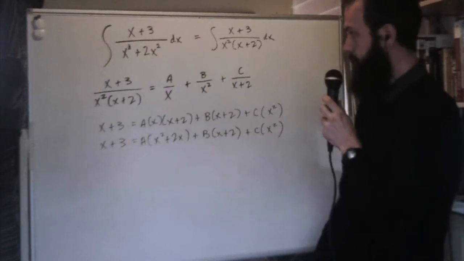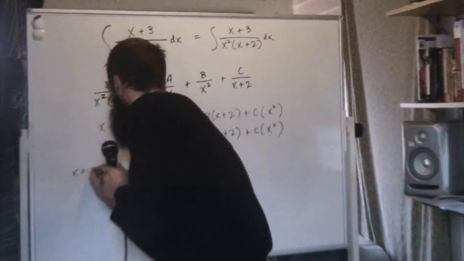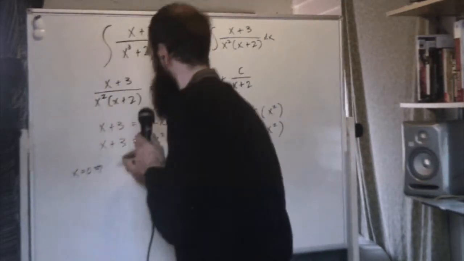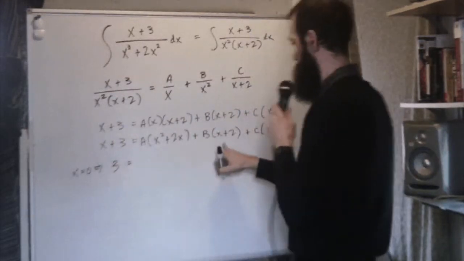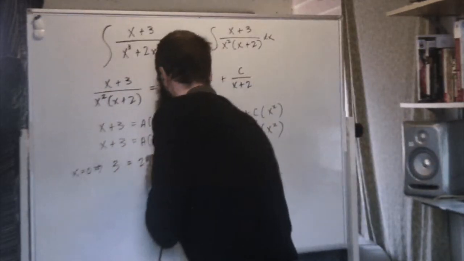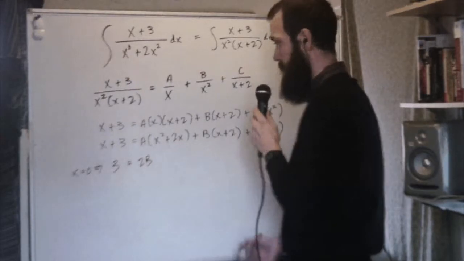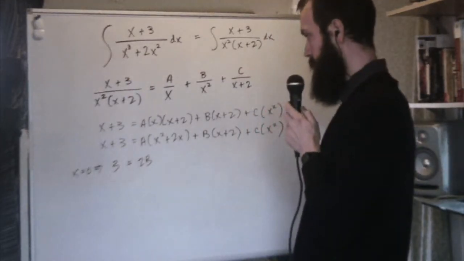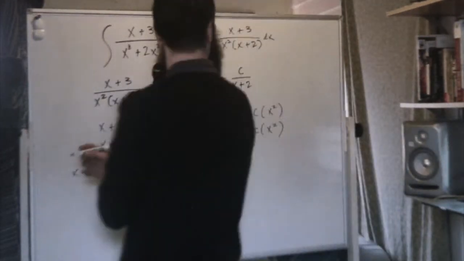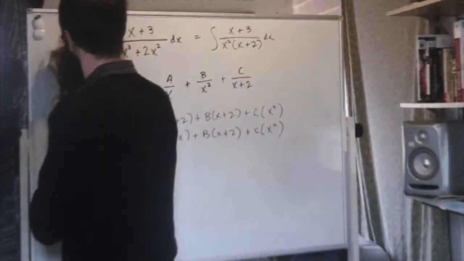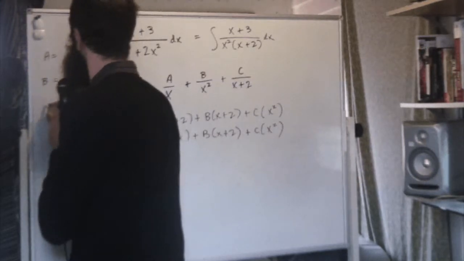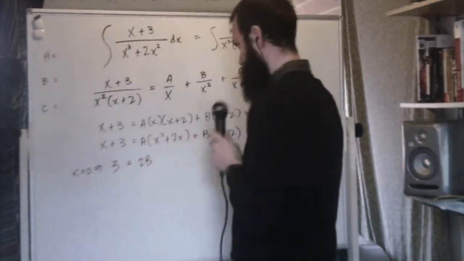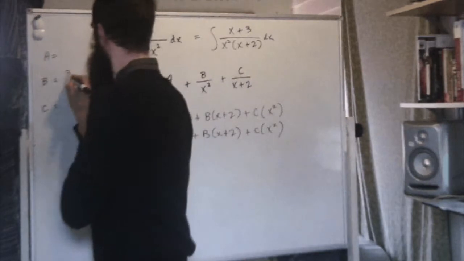So if x equals 0, 0 plus 3, 3 equals 2b. That's it. So, looks like b will equal 3 halves. I'll set these over here. So b equals 3 halves. Great.